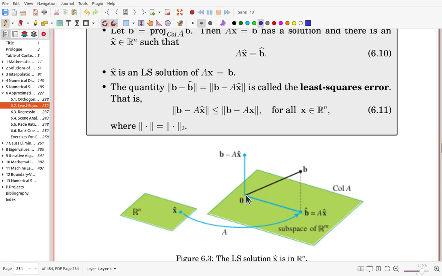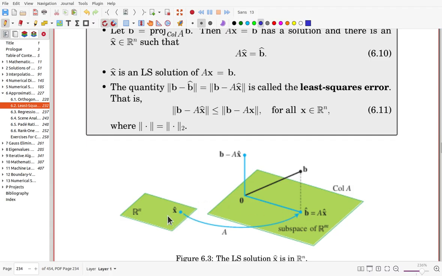Now, for arbitrary b, once b is not in this column space, then the linear system has no solution. We try to project b onto this column space of A, then we can find x hat, some point such that Ax hat must be b hat.